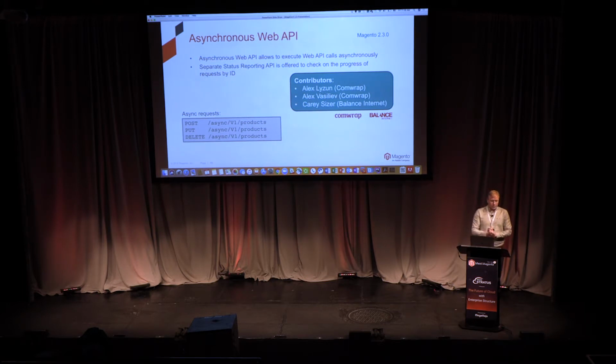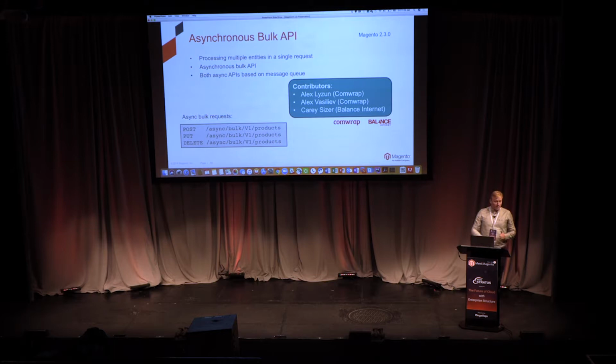Important thing, again, I mentioned asynchronous web APIs. As already said, they allow you to execute heavy operations asynchronously. It'll save a lot of time for many developers here. You might not understand all the complications, but many people wanted this. Bulk API, again, very important thing, allows you to save 1,000 products in one request.